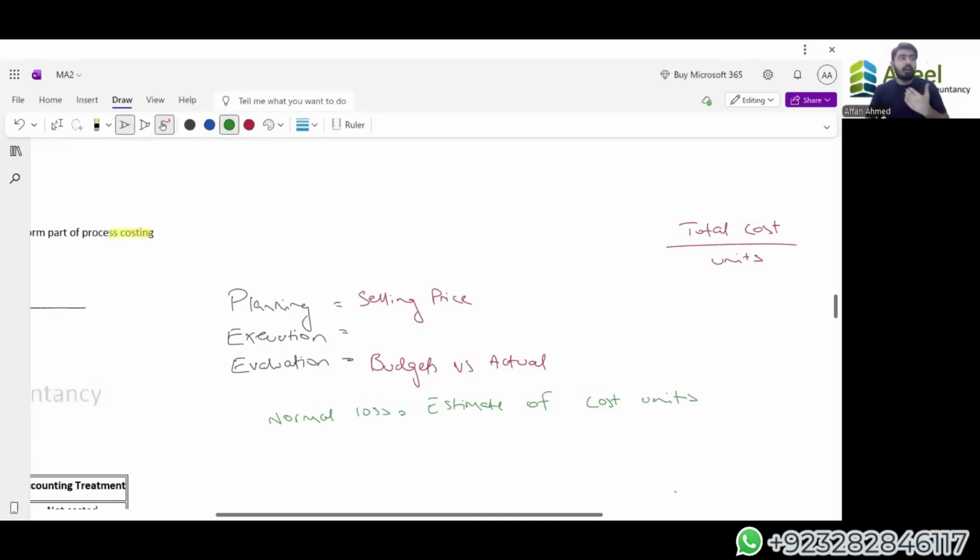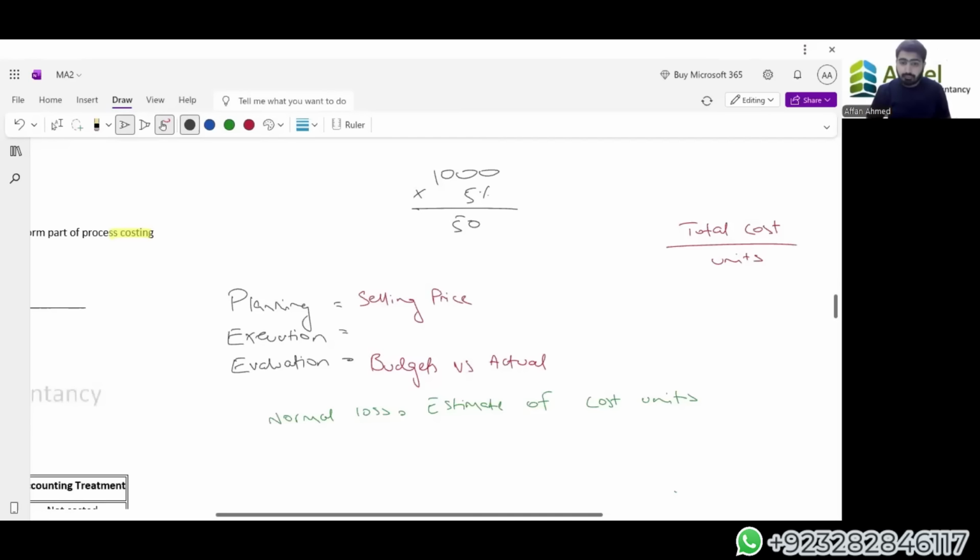That means when we are producing goods, say I gave an input to a machine of 1,000 units. Based on my commercial acumen and previous experiences, I can estimate that there will be some kind of loss. How much loss will there be? In every organization, every industry, every firm, the loss is different. But let's assume that 5% loss will be there. So 5% of 1,000 is 50 units. Out of 1,000 units, 50 units are going to be defective in nature.